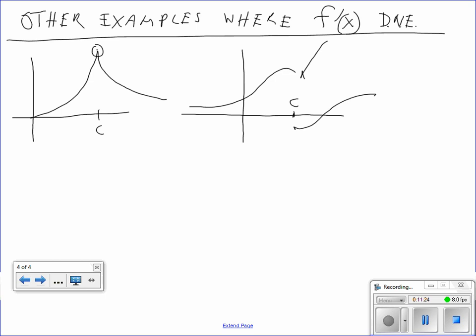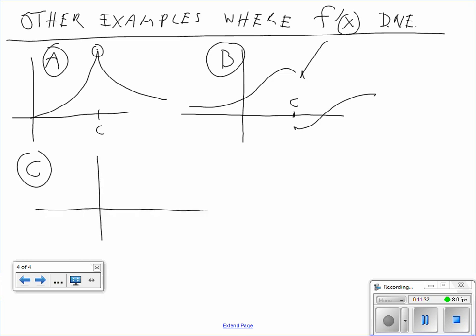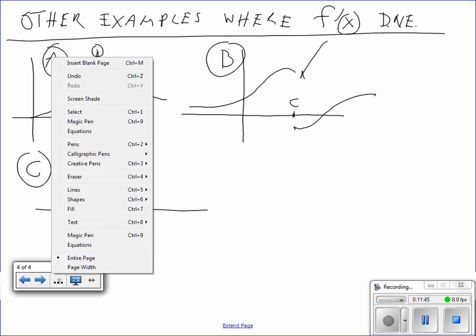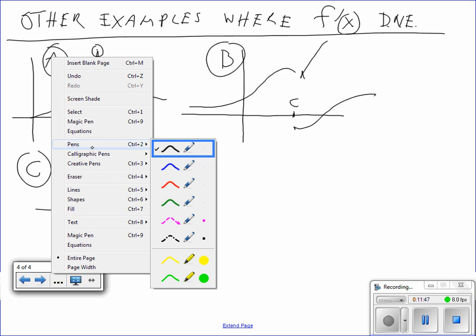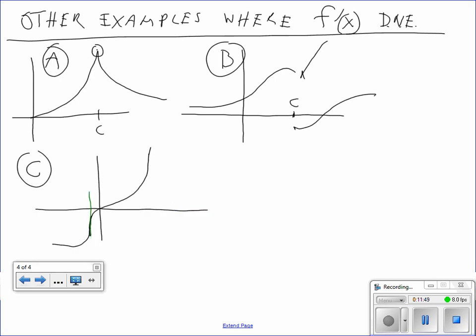You also could have, so this might be a case where there's a sharp point; here it's not continuous. Here you could have what I'd call a vertical free fall. Maybe you'd have something like that. Here the tangent line has an infinite slope.